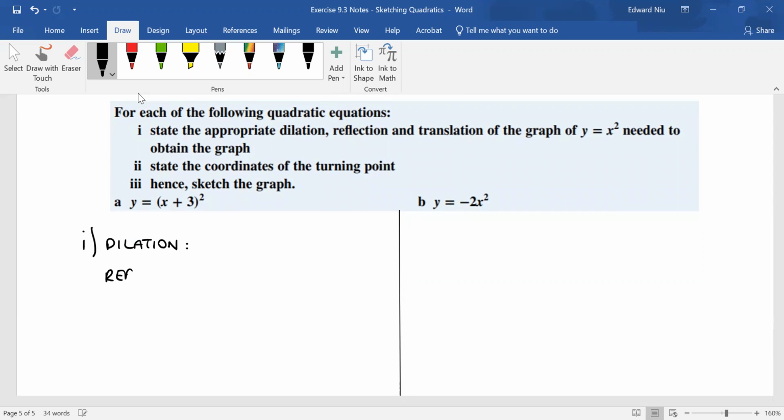Reflection. Translation. Okay. Let's do that for this one as well.